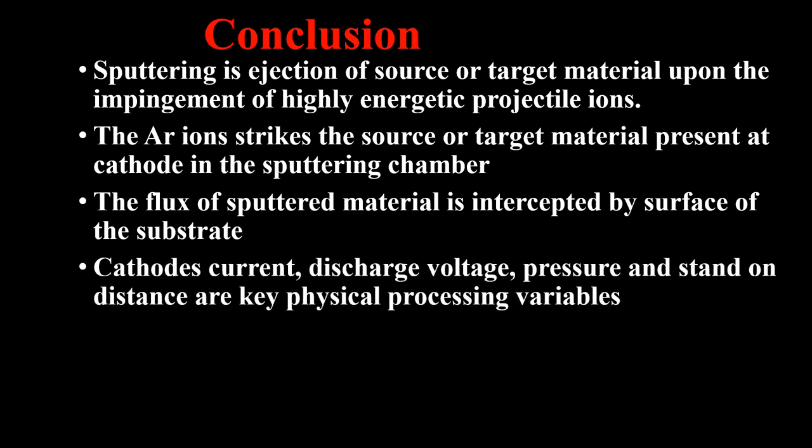Cathode current, discharge voltage, which is the voltage between the electrode and anode inside the sputtering device, pressure, and standoff distance are the key physical processing variables. Okay, so for deposition, cathode current, discharge voltage between the cathode and anode, pressure inside the chamber, and the distance between the cathode and anode, all of these are the key parameters.